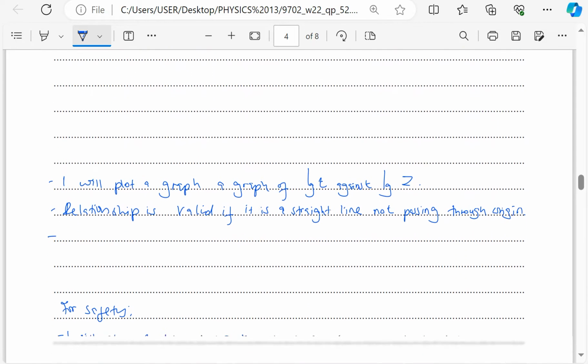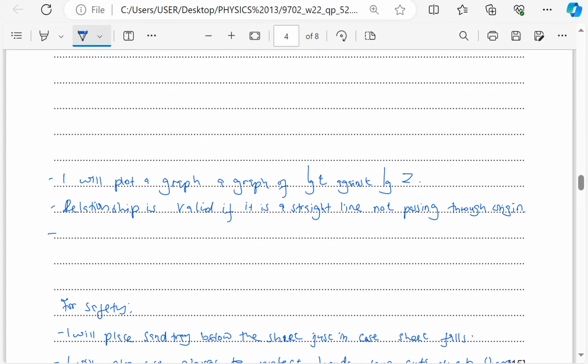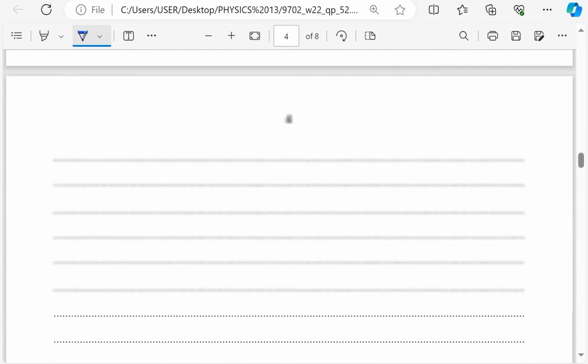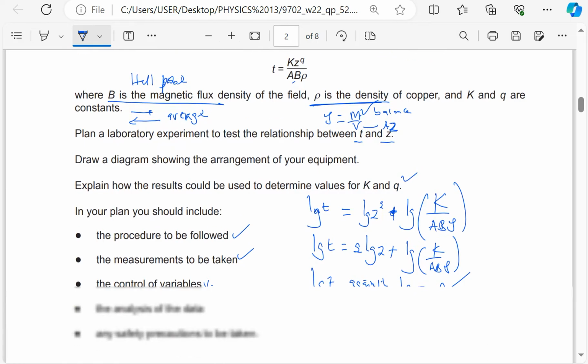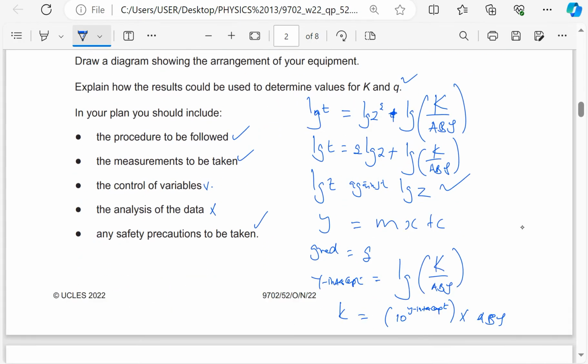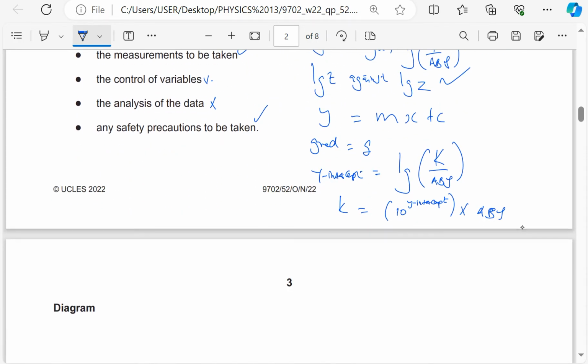Then we are still on analysis. We have to find K and Q. Remember, Q was equal to the gradient. That is another mark. And then K, I think we said what was K. K was equal to 10 to the power of the y-intercept times AB rho.